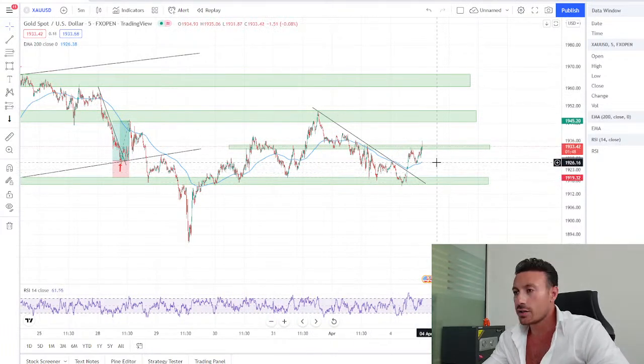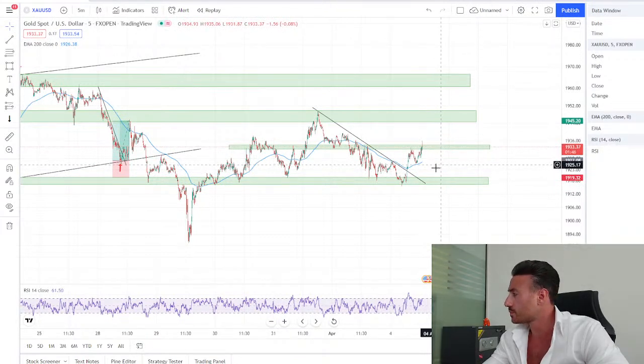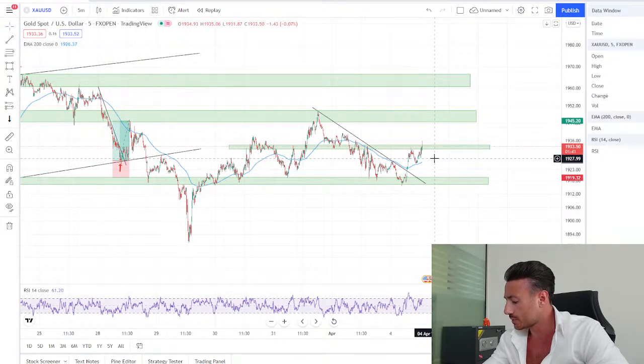Remember, trading in CFDs is a high risk business because it's a leverage financial product.